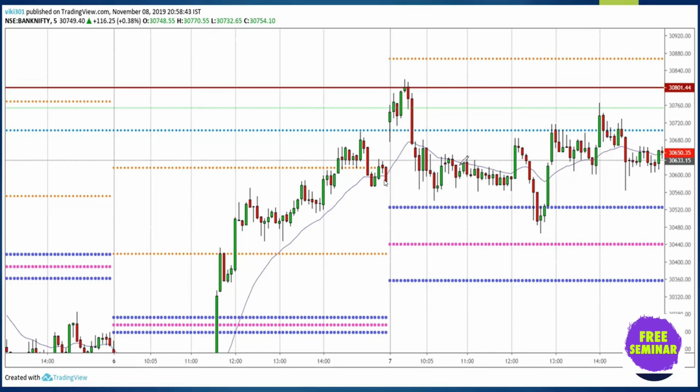And another thing, if you watch it closely on this day, can you see the CPR? Look at the CPR width, very wide CPR, right? Wide CPR means, as I said, fewer chances of a trending day, higher chances of a sideways day. That is how CPR can sometimes help you know whether it's a trending day or a sideways day.